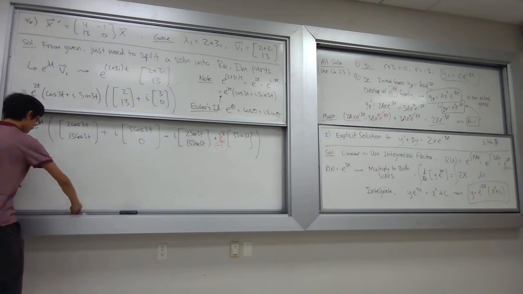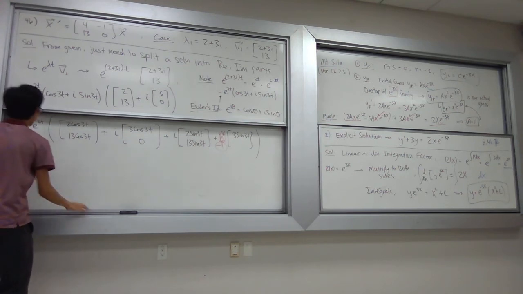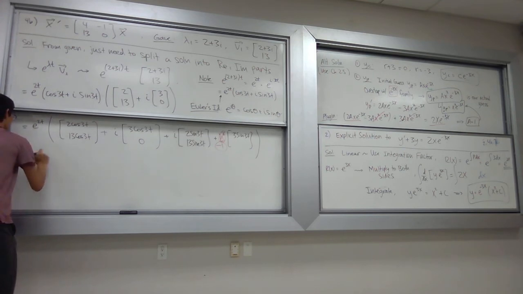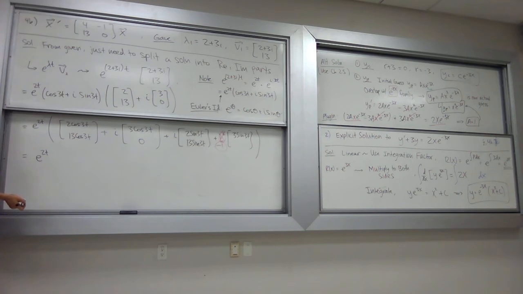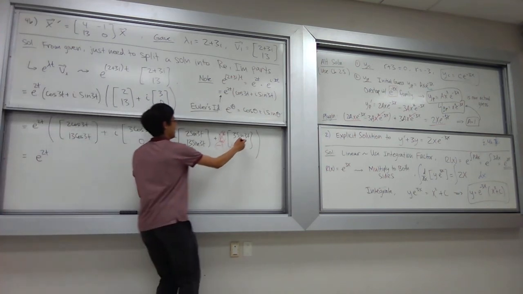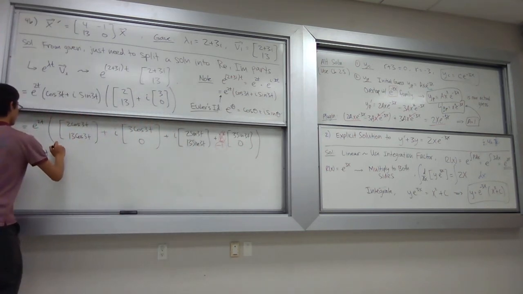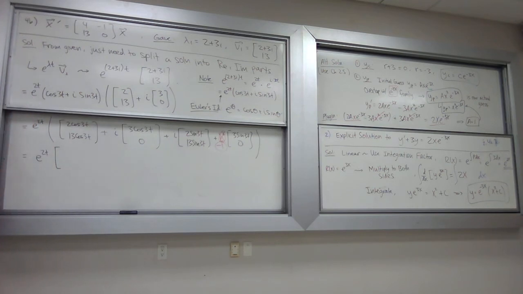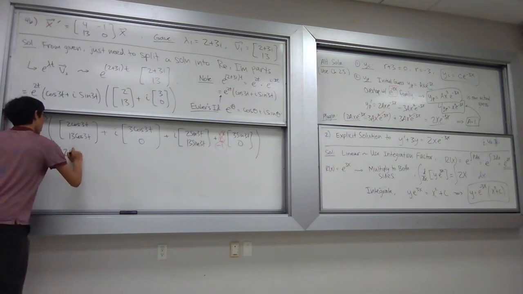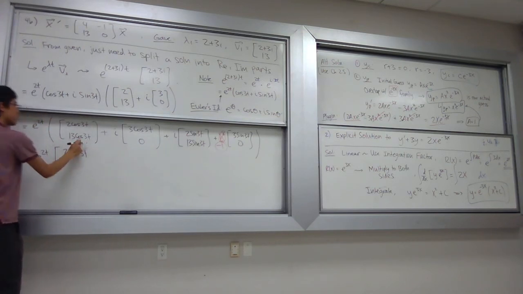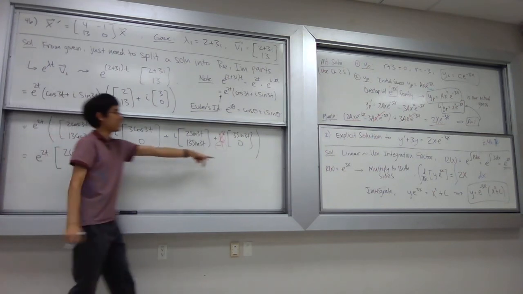And then add up the real parts and add up the imaginary parts. So for the real part, what are we left with? We have this vector minus that last one.